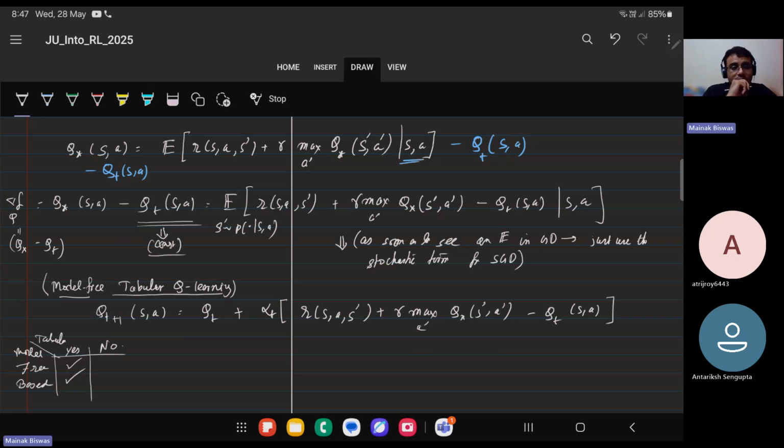Okay, fine. So once I have this algorithm, again, the problem persists that Q star is not known to us.